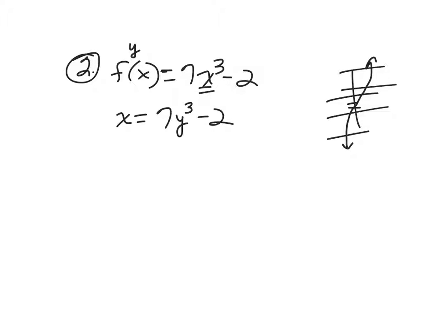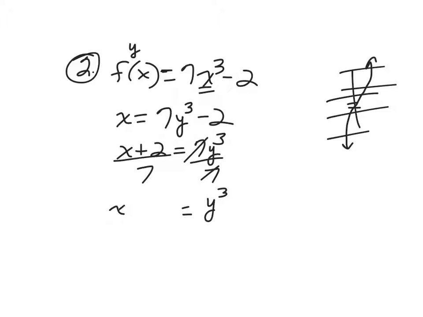So, to solve for y, we could add 2. So x plus 2 would equal 7y cubed. And divide by 7. So y cubed would equal x plus 2 over 7.